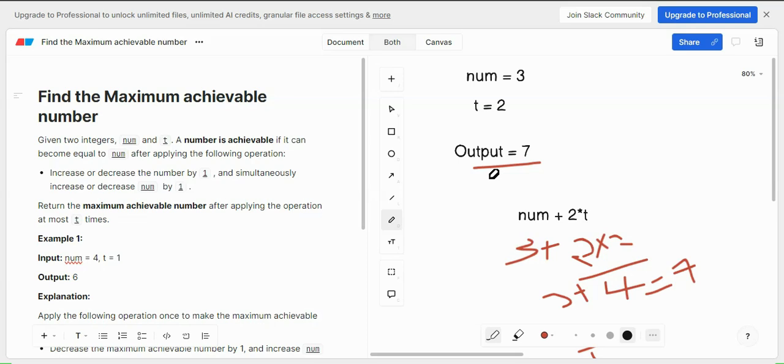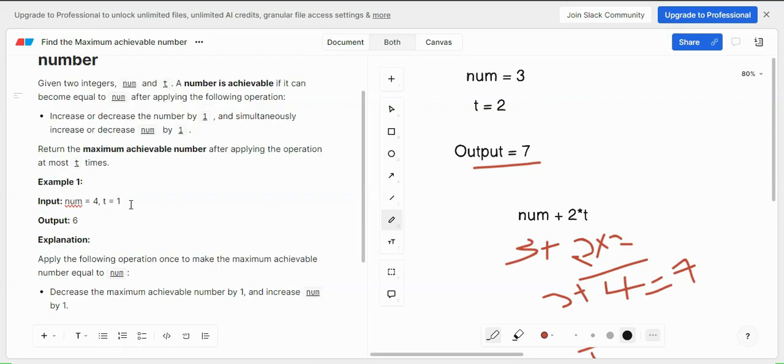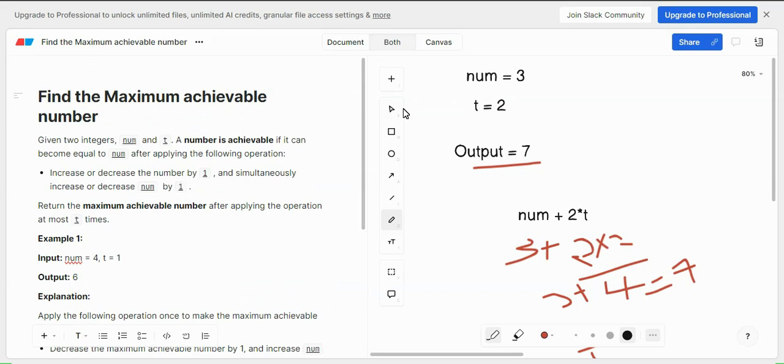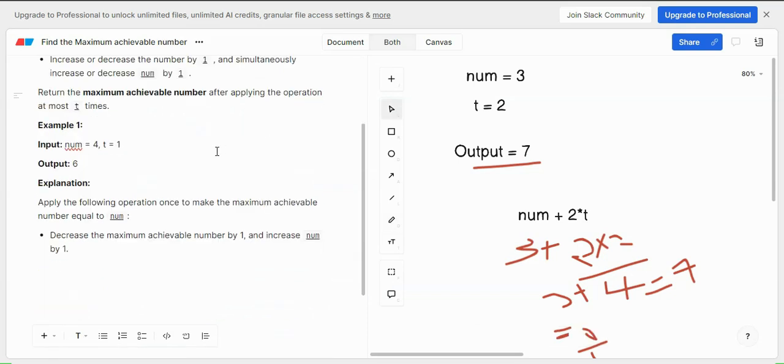Before going to the coding platform and writing the code, let me tell you a short trick to solve these kinds of problems. If you don't know the solution, or you are not aware of the approach, one thing you can simply do is look at the inputs as well as the outputs and try to find the pattern that is repeating.